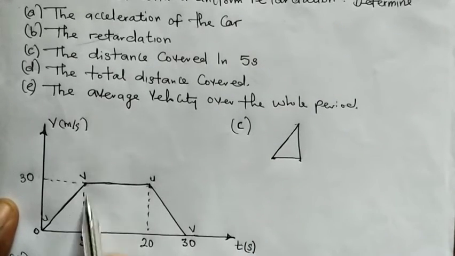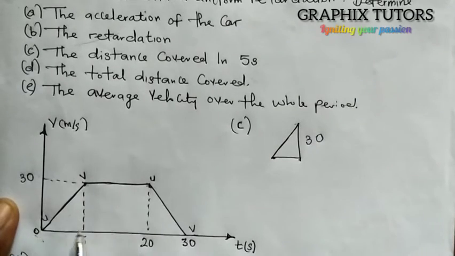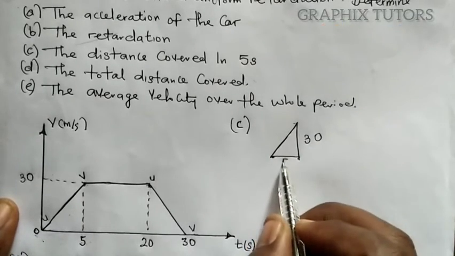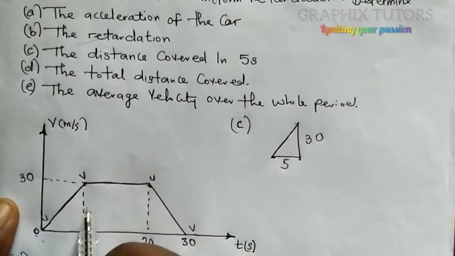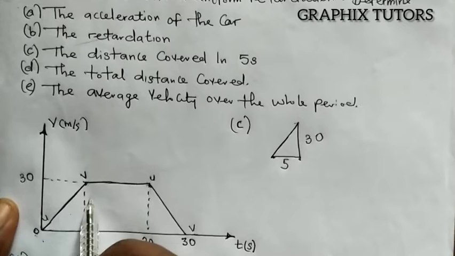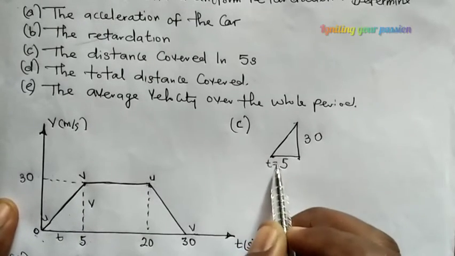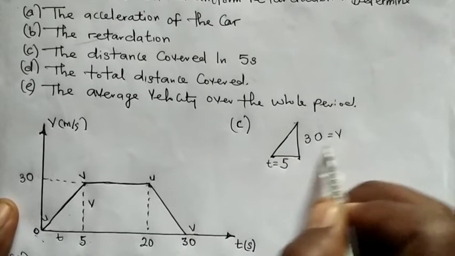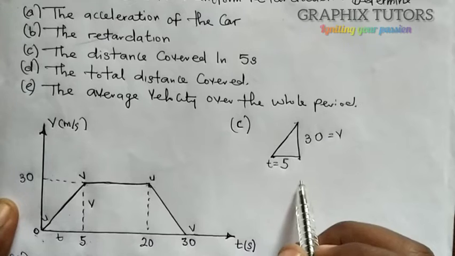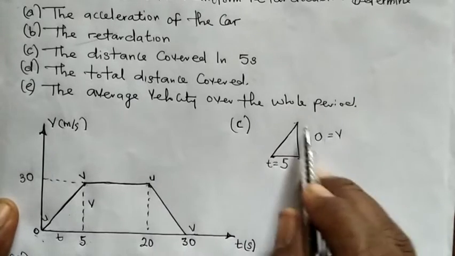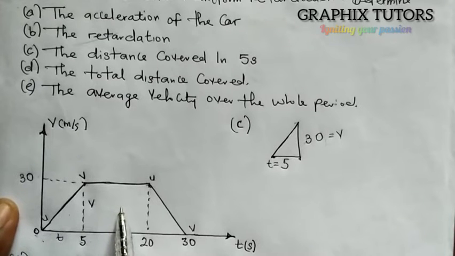And the height here is 30 and the base here is 5. The height is the v and the base here is the t. So t here is equal to 5 and v here is equal to 30. The area of the triangle of the velocity time graph is also called the displacement.